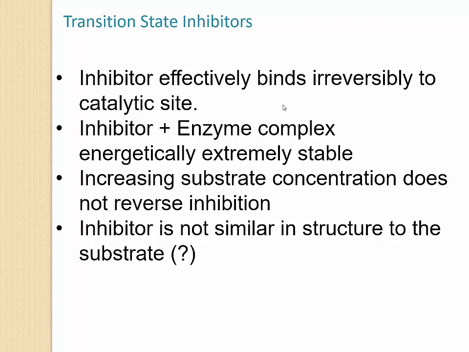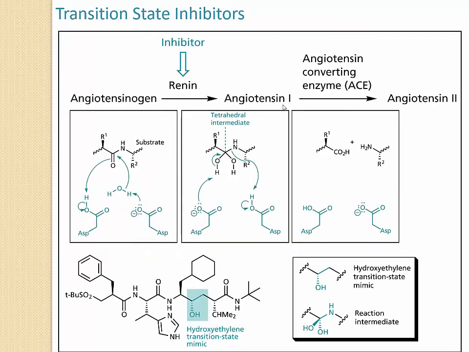Remember, the transition state of the enzyme is energetically stable because it's a very low energy point. So what we're making is an inhibitor that in its stable ground state mimics the geometry of the substrate in its transition state. So let's take a look. You don't have to worry about all this. Let's just look down here in this little box.